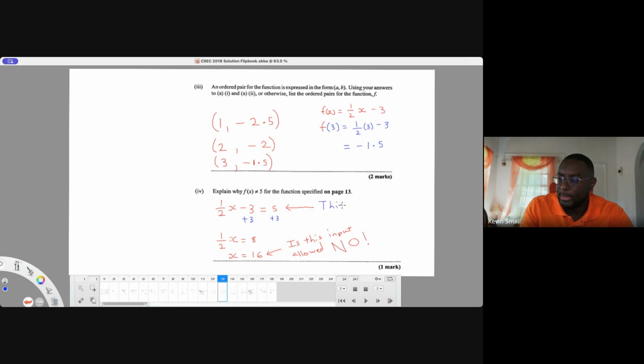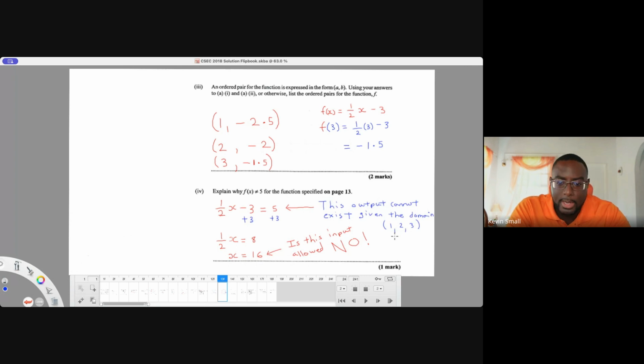This output cannot exist given the domain, given the input values, given the domain 1, 2, and 3. So this function, that answer cannot exist.